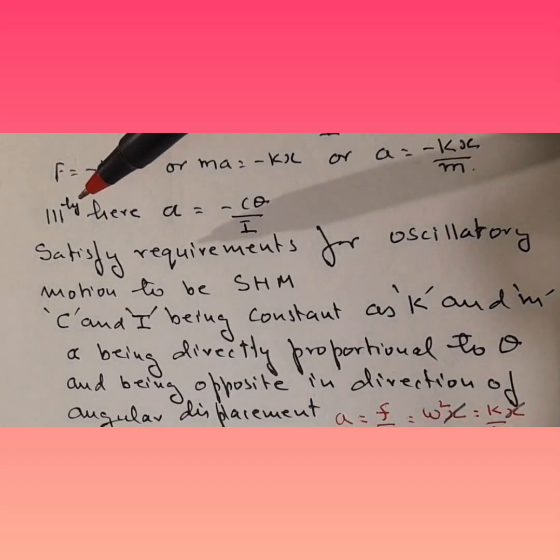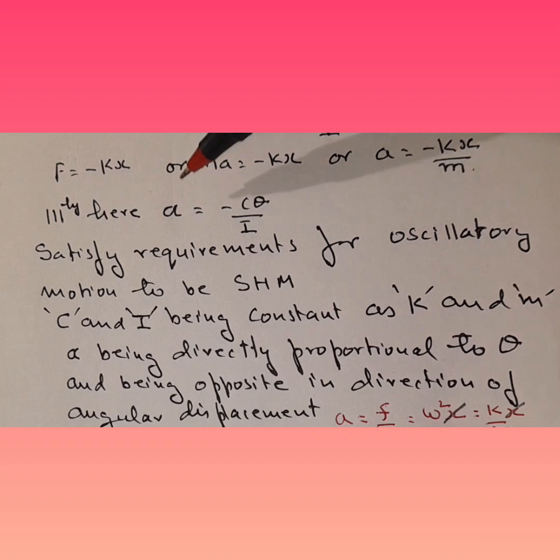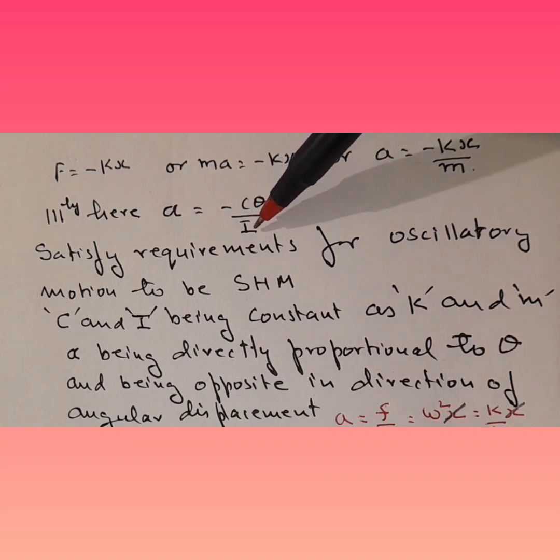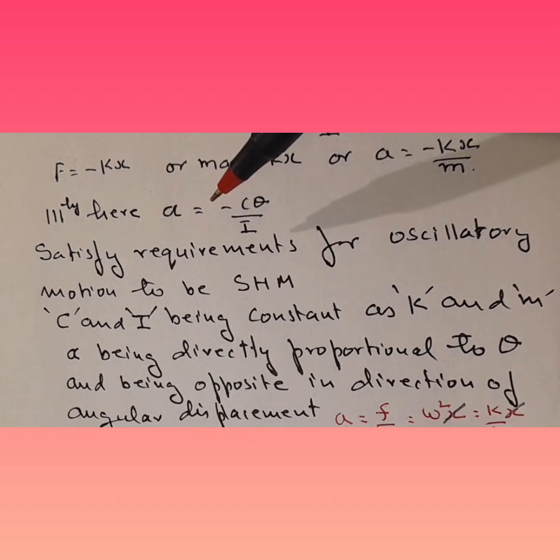Okay, let's proceed ahead. Here we have already proved alpha is equal to minus c theta upon I, where c is constant, theta is angular displacement, and I is moment of inertia, which again is constant. So alpha is directly proportional to minus theta.